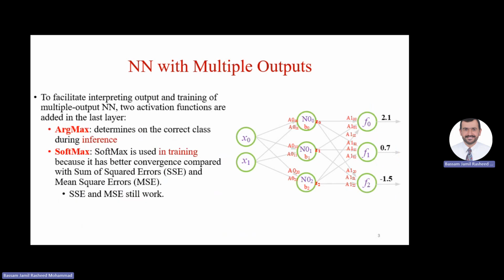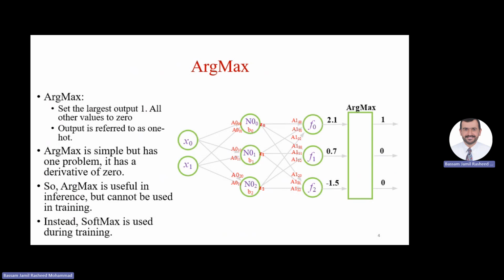If I look at inference and training, we need to use two functions. One is called Argmax and one is called softmax. Argmax will come after the output. Notice this is the last step of the output.